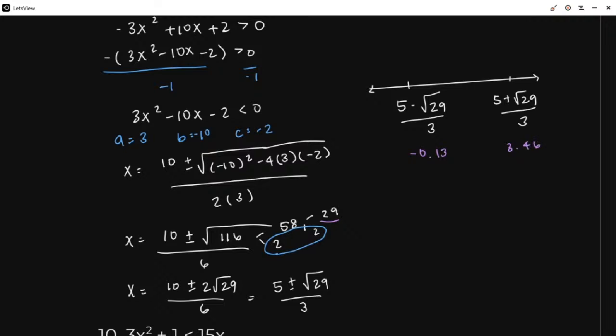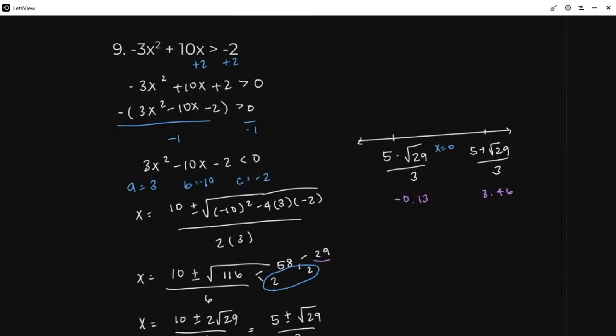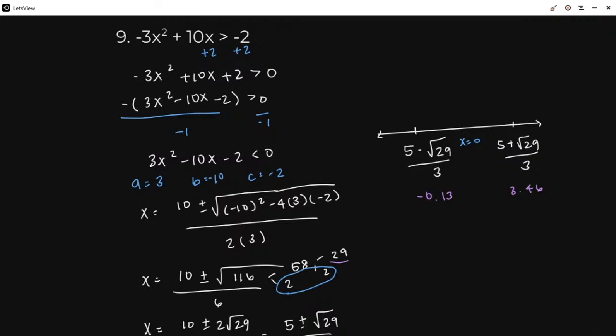So you'll want to plug in numbers again. I'm going to plug in 0. If I do that in my original equation, I'll get 0 is greater than negative 2, which works. Over here, I would plug in x equals negative 1. So that would be negative 3 times negative 1 squared plus 10 times negative 1 is greater than negative 2. So that's negative 3 minus 10 is greater than negative 2, which is not true.